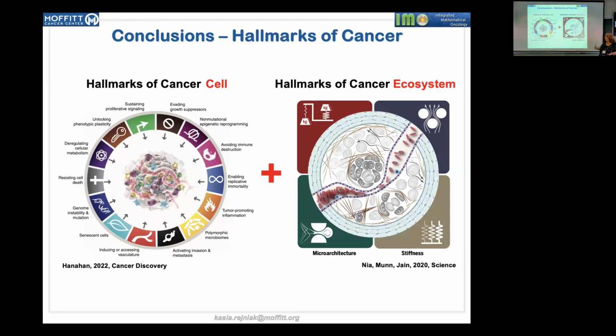Another argument may be that maybe you want to reduce them and not increase the number of hallmarks indefinitely. But we definitely think about the cancer ecosystem, which was the phrase that was here before I came to talk. You guys were talking about that, so we think about it like that.